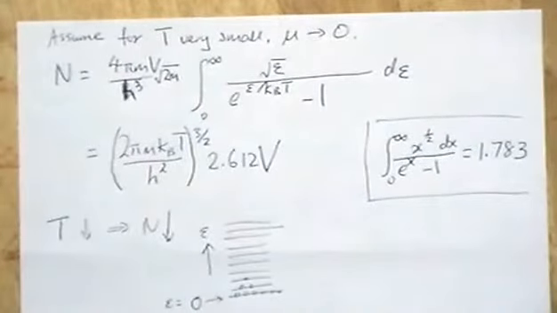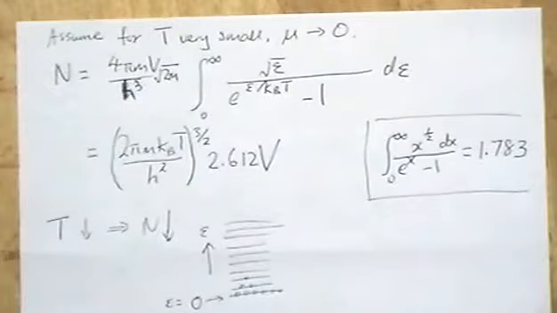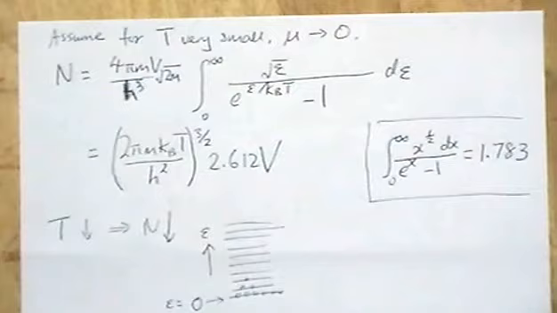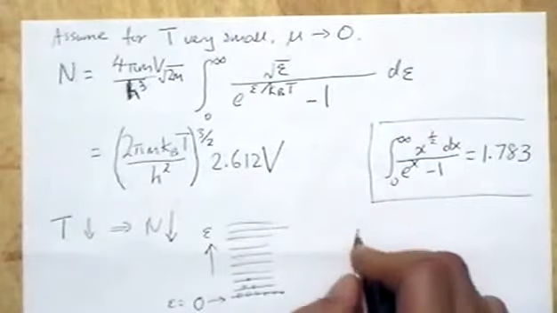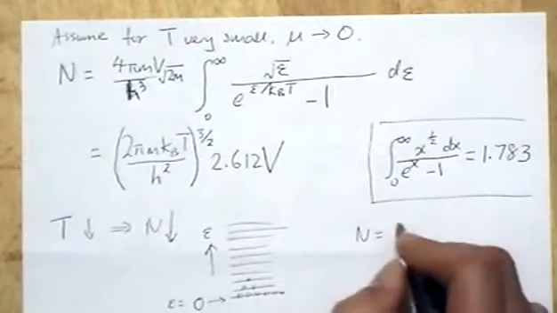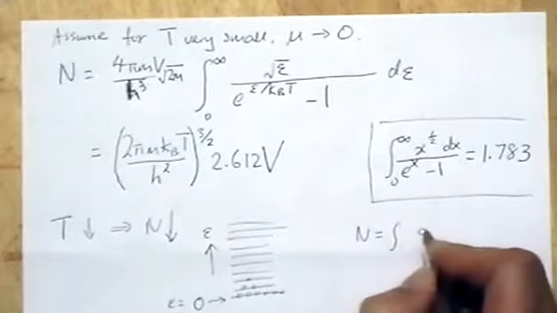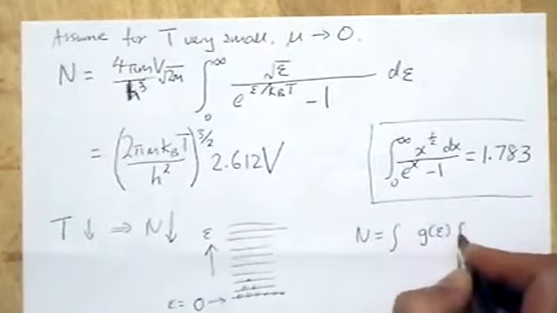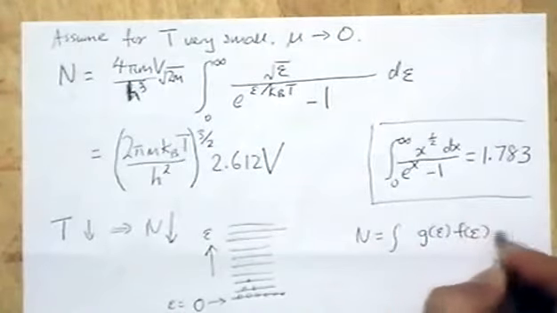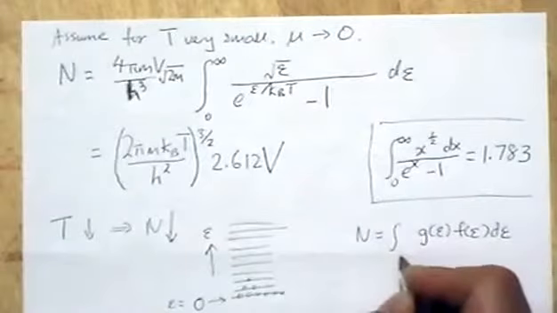Now there is a reason why that would happen. Let's recall the expression for n in terms of the density of states. So n is the density of states times Fe, integrated.